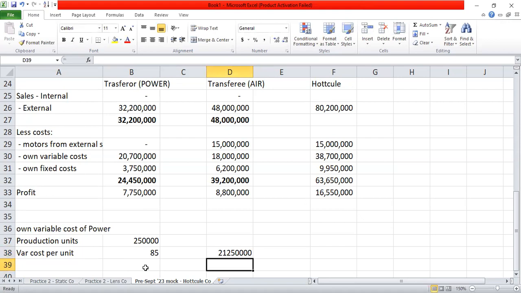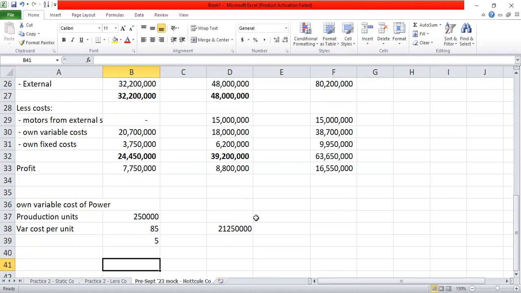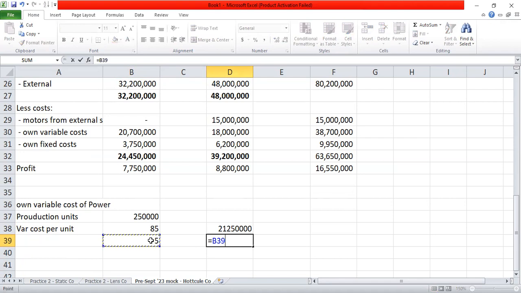Then I see another 5 being spent as an extra cost to produce the 230,000 actually sold. In other words, I don't see the 5 being spent on those 20,000 units not sold. So I see something like this plus that.